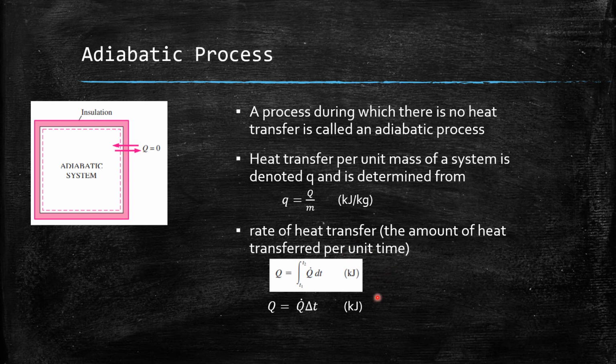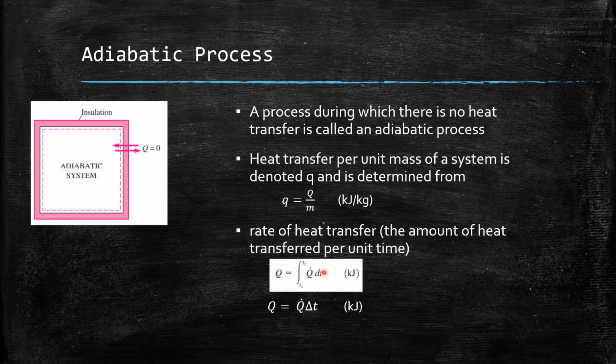And here, if the heat transfer rate Q dot varies with time, the amount of heat transferred during a process is determined by integrating Q dot over the time interval of the process.